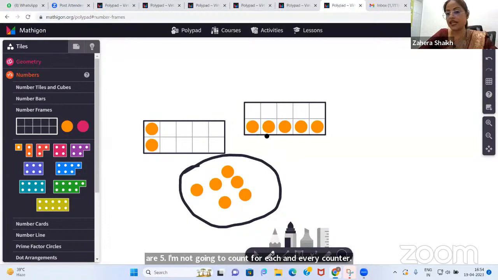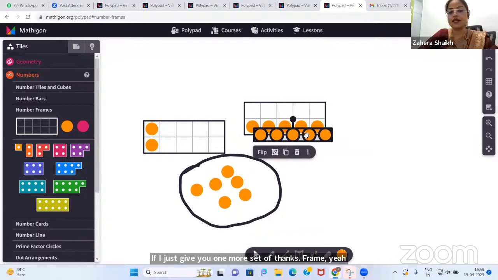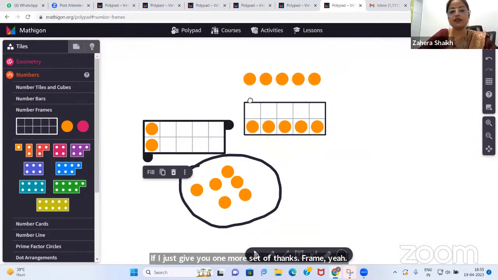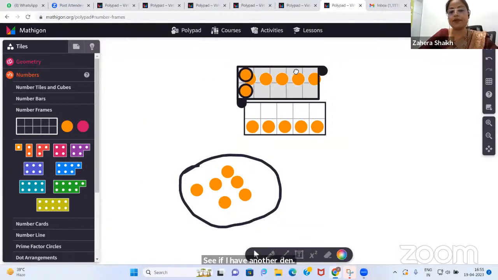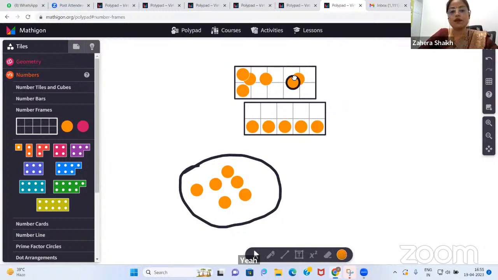This is called subitizing. If I give you one more tens frame like this, how many are these?